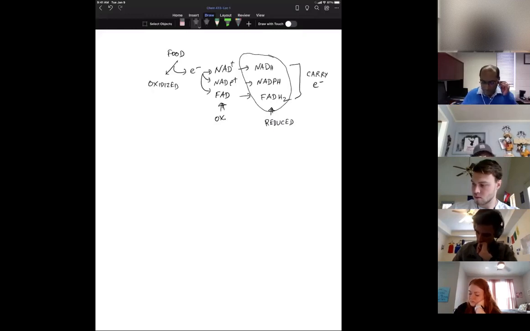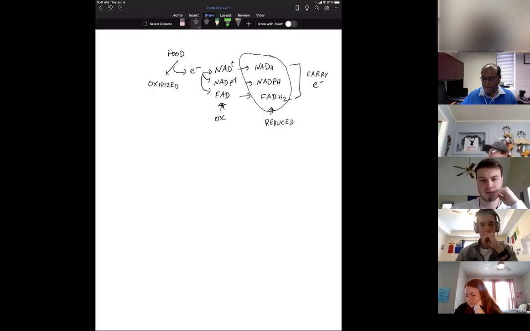Then these electrons are going to our electron transport chain, which is inside the mitochondria. Okay, and inside the mitochondria there are membrane proteins. So we have learned a lot about transmembrane proteins last semester.